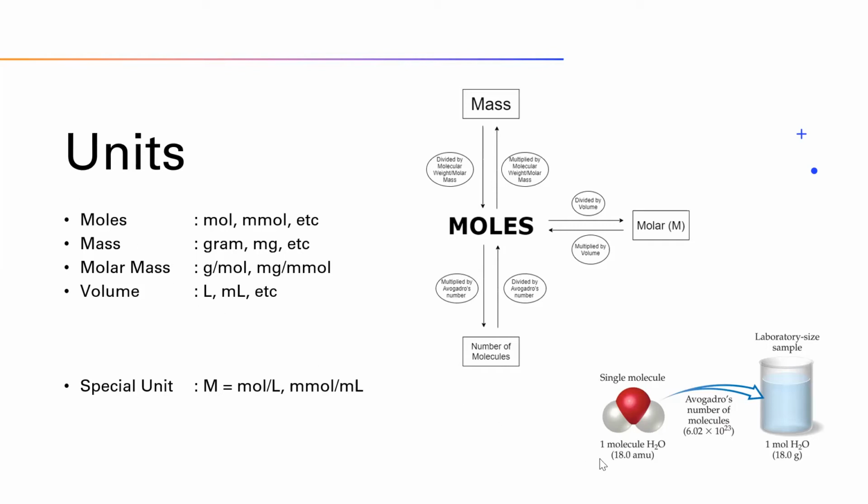And then there is a correlation between mole, Avogadro number, and also the mass. This is, for example, a single molecule of water, one molecule of water with the molar mass of 18 atomic mass units.